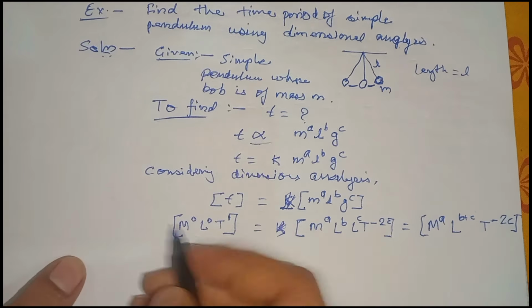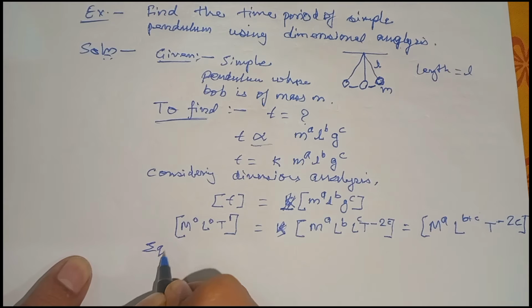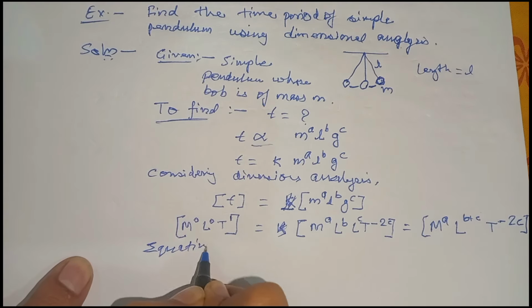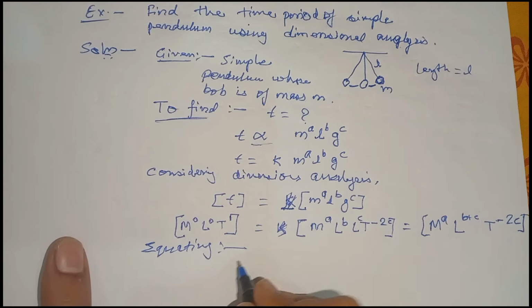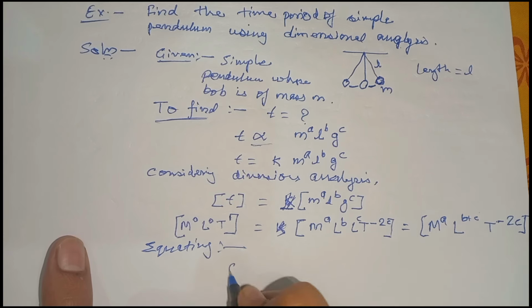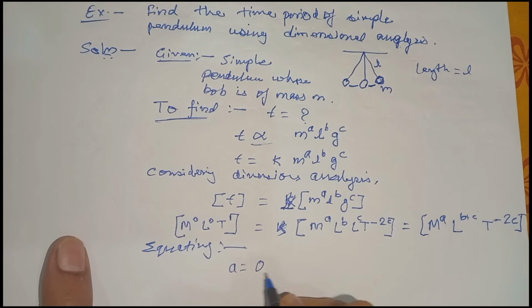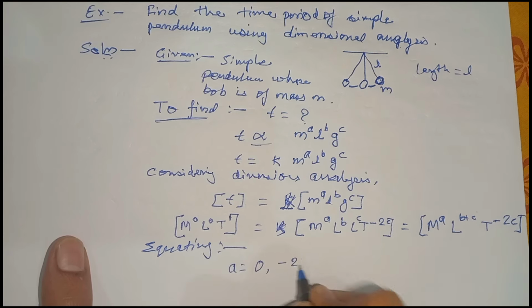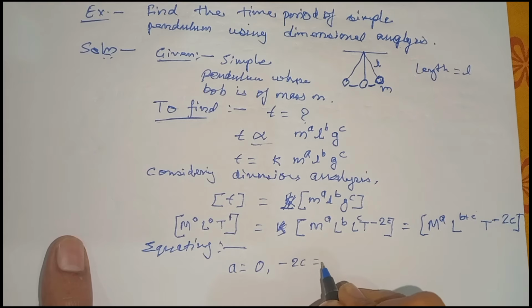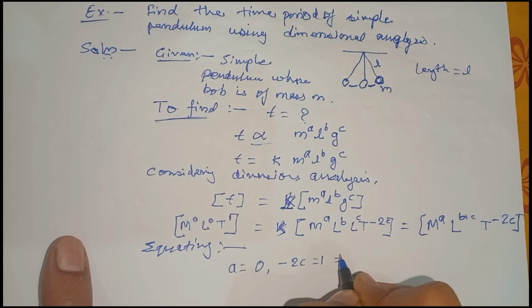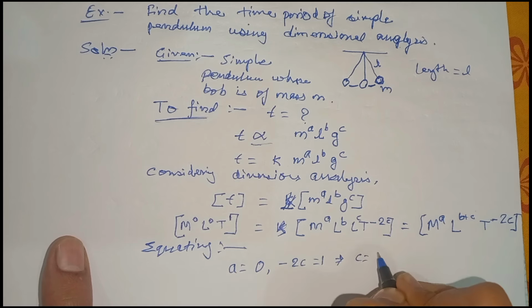Now equating, we get a equals 0, and minus 2c equals 1. This implies c equals minus 1 by 2.